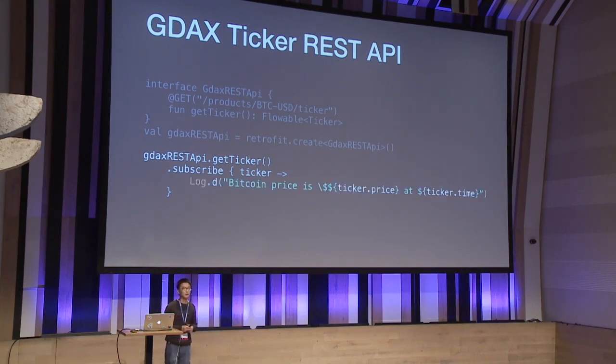And let's process the data. And because one request only has one response, you only get one log. And that was easy. We did it in 10 lines of code. How can WebSocket possibly be better than this?